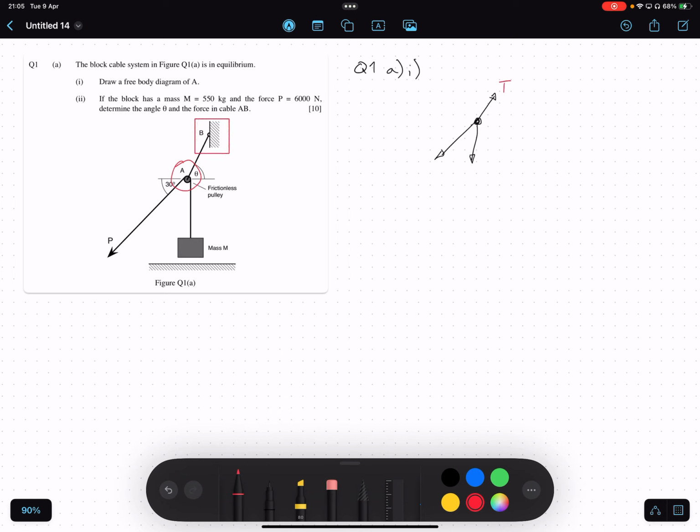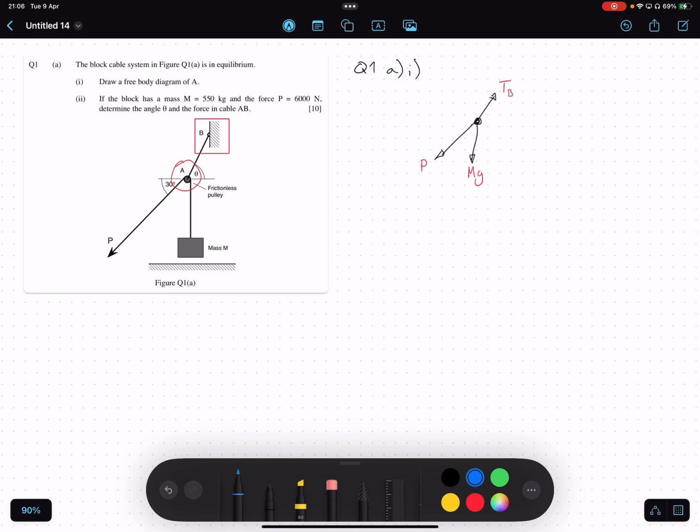We'll write that in as TB. And we also have a force P acting on the pulley, which we will just simply write as P. And we also have this mass, which is acting on the pulley, which we will label as mg, as mg is a force, i.e. the weight, and mass is not a force.